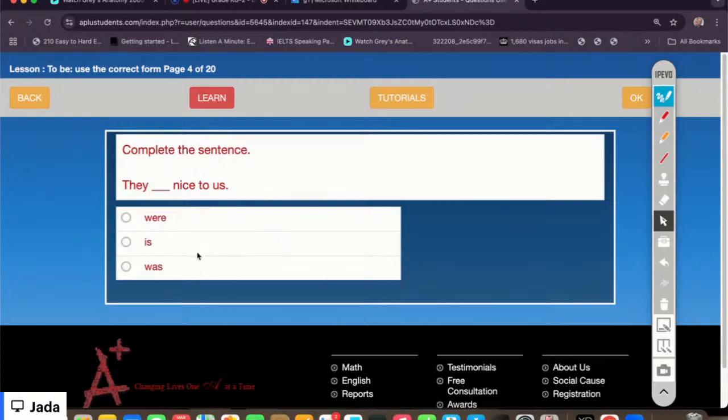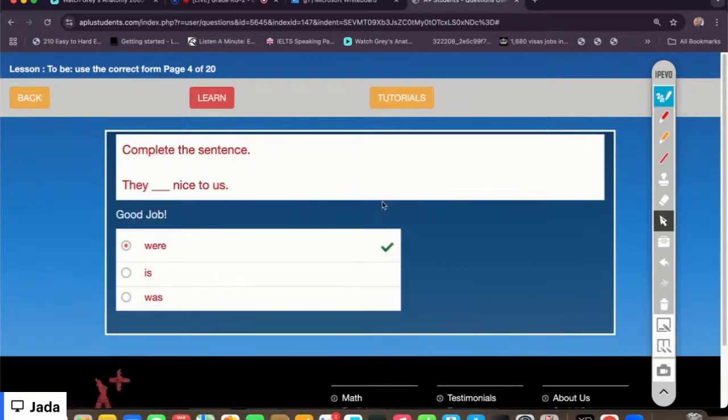What is the right one here? Okay, so they were nice to us. Okay.